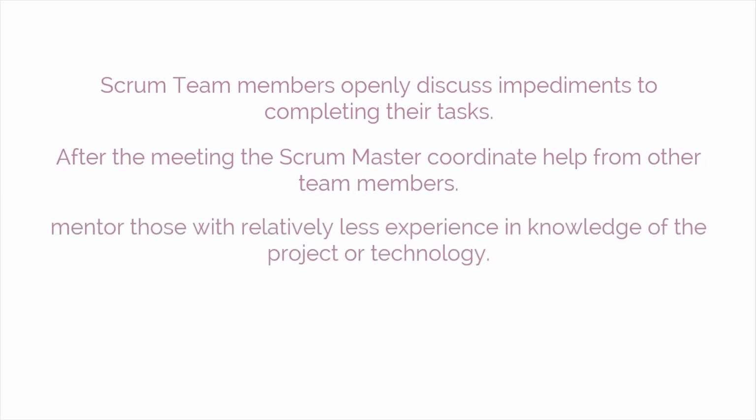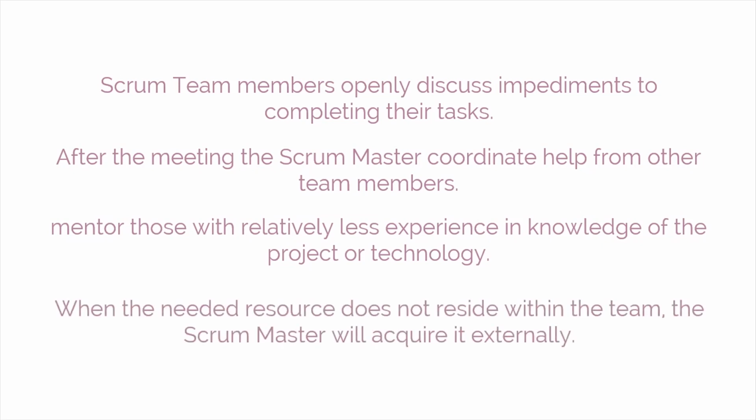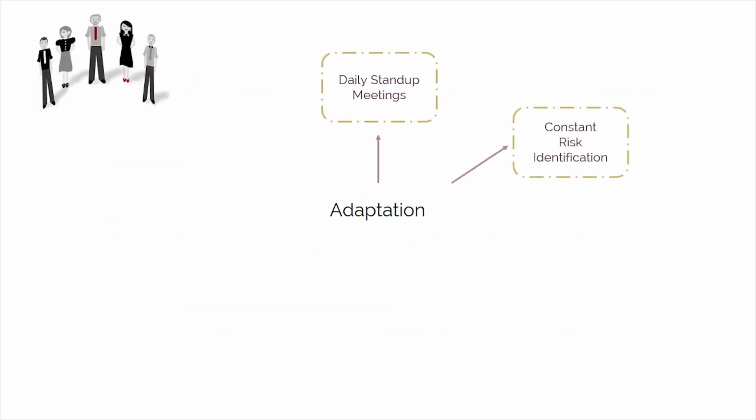More experienced members in the Scrum team also mentor those with relatively less experience and knowledge of the project or technology. When the needed resource doesn't reside within the team, the Scrum Master will acquire it externally. Risk identification is performed and iterated throughout the project.